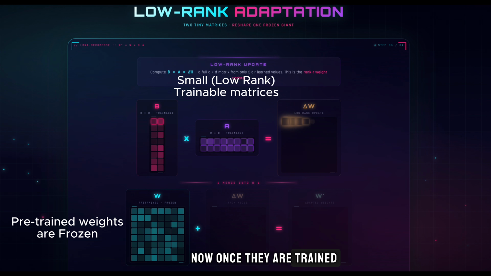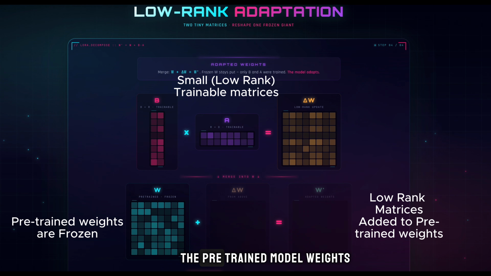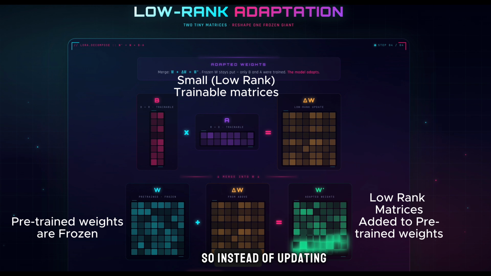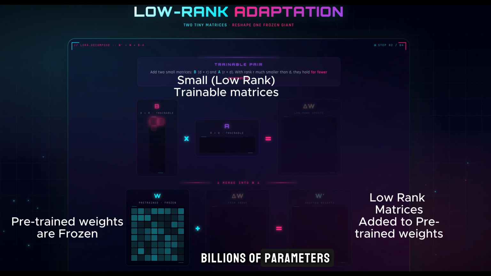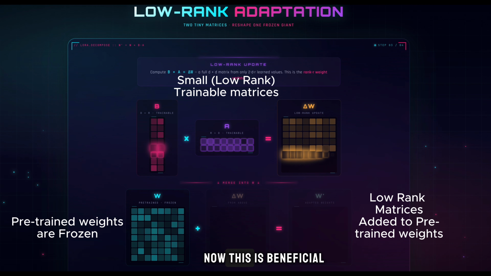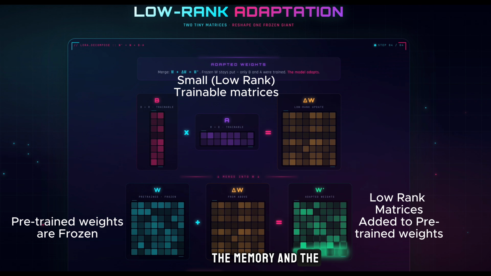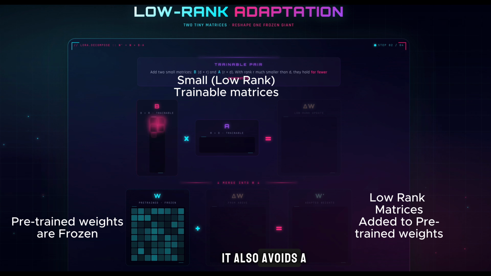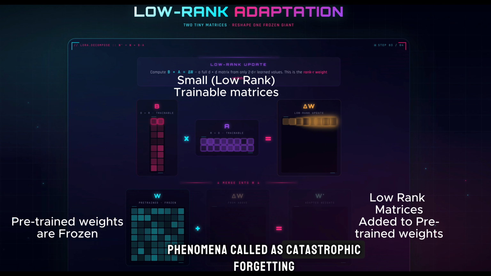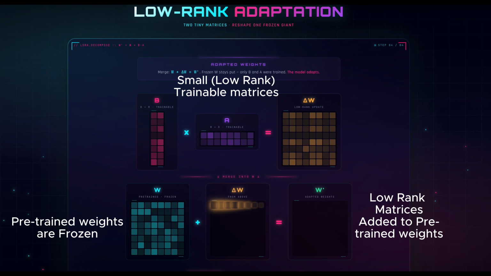Once they are trained, these low-rank matrices are multiplied and then added to the pre-trained model weights. So instead of updating billions of parameters, you only train a small number of weights. This is beneficial because it drastically cuts the memory and compute cost and trains much faster. It also avoids a phenomenon called catastrophic forgetting, since the base model stays intact.